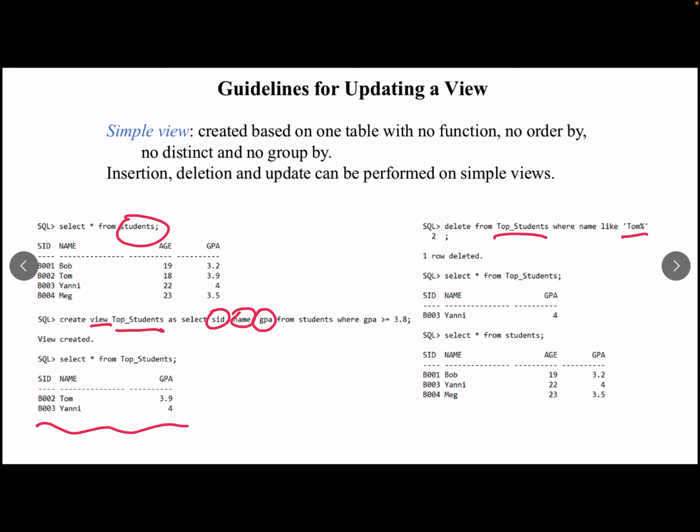One row is deleted, and we print the top student view again, and we find that Tom is deleted. If we print the student table, we also find that Tom is deleted in the students table. We can find Tom here.